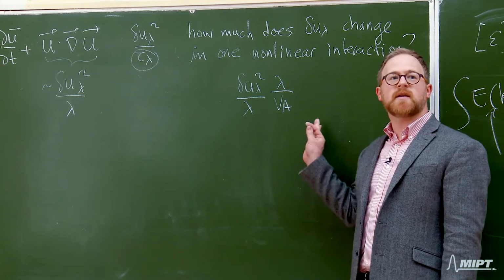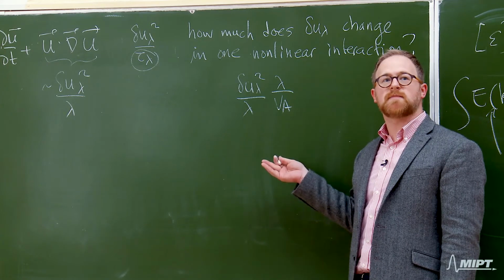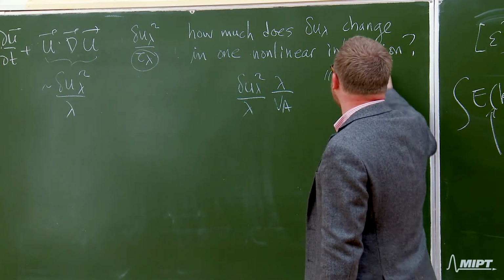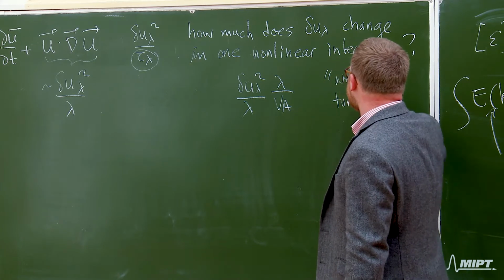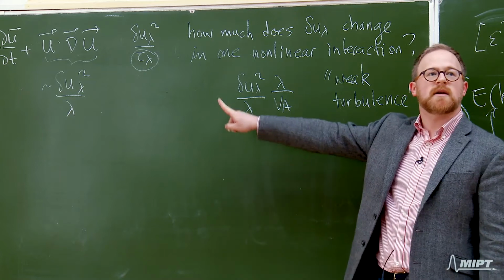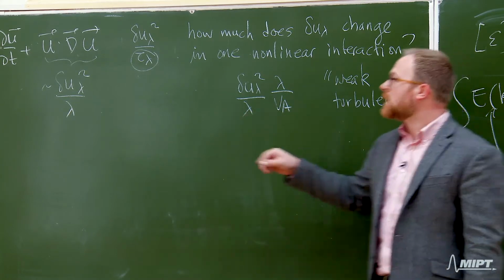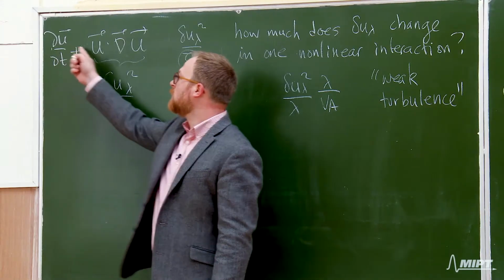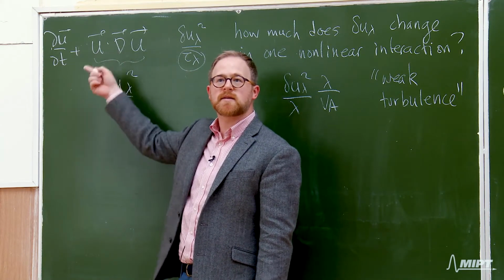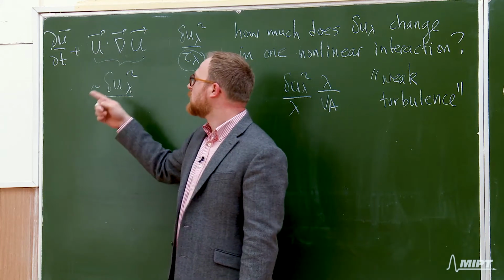So at this point in the analysis, there's another assumption that's made, and that's something that brings us to something called weak turbulence. And the idea is that there's a wave packet which is moving along. There's some other wave packet. There's some nonlinear action between those wave packets, which are Alfvén wave packets.